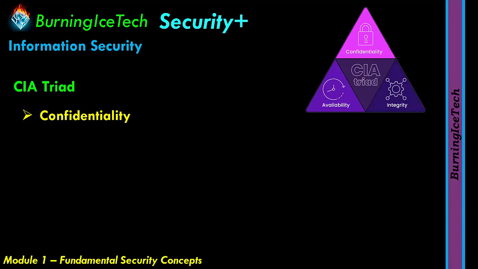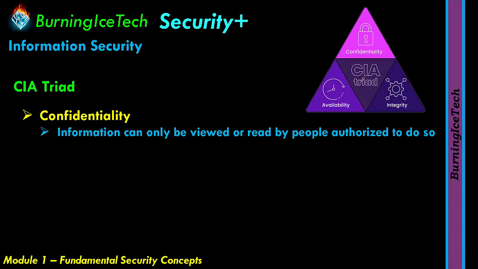This could be something private, like medical records, or your pay slip, your salary invoice. The point here, folks, is it's confidential and it's for certain people's eyes only, authorized people only. So for confidentiality, we can say information can only be viewed or read by people authorized to do so.